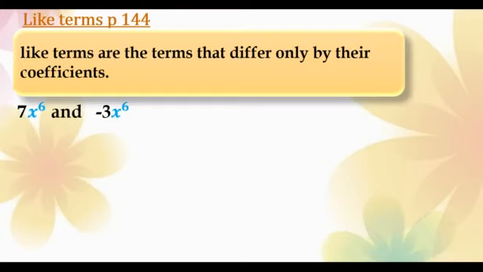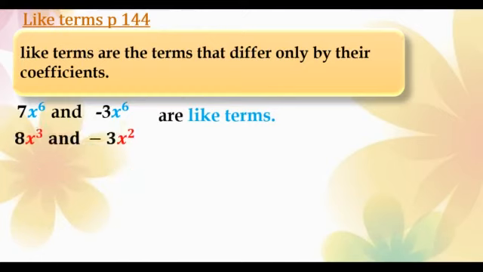Both of them, the variable is x, and both of them, the exponent on the variable is 6. So these two terms are like terms because the only difference between them is the coefficient.